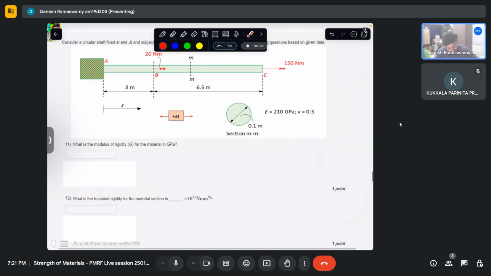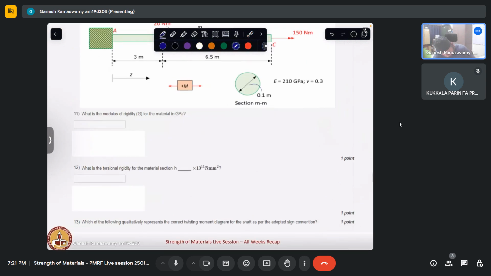So we have 210 GPa as Young's modulus and Poisson's ratio is 0.3. And when we cut this section, we have a circular cross section of diameter 0.1 meter. What is the modulus of rigidity? It's nothing but E upon 2 into (1 plus mu), which is 210 by 2 into (1 plus 0.3), which is 210 by 2 into 1.3.